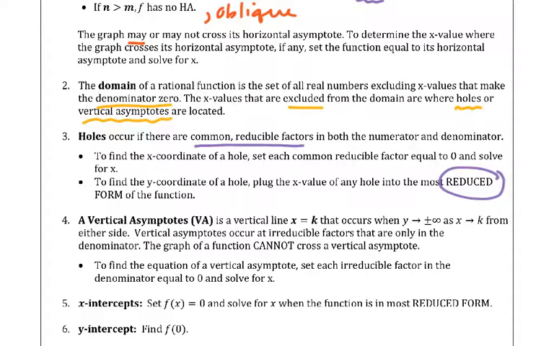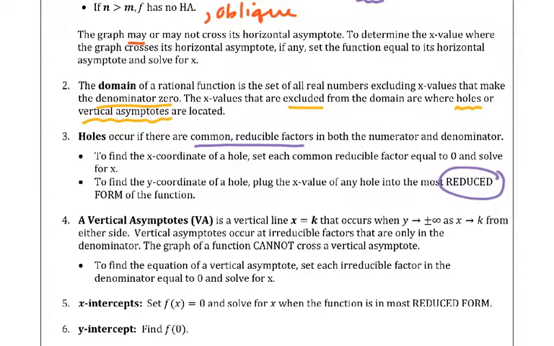Vertical asymptotes, that's going to be any factor that is left in the denominator. So generally, not always, but generally you're not going to have a hole that is also a vertical asymptote. Okay? So whatever crosses out is going to represent your hole, and whatever is left in the denominator is going to be your vertical asymptote.